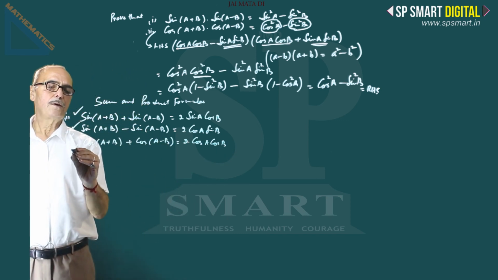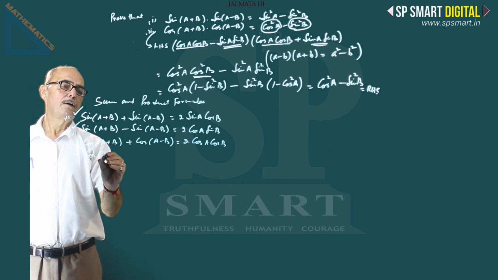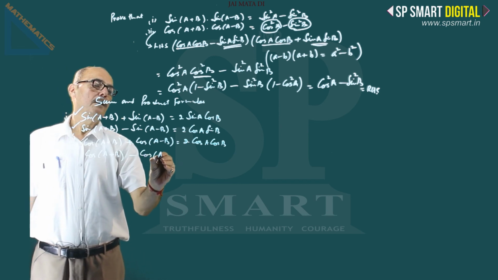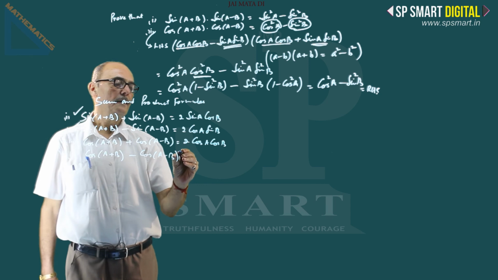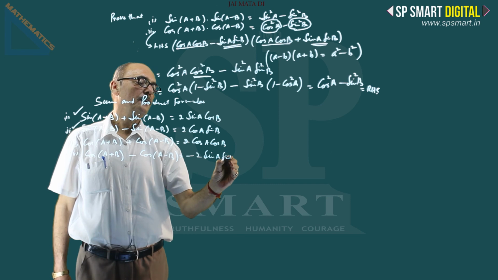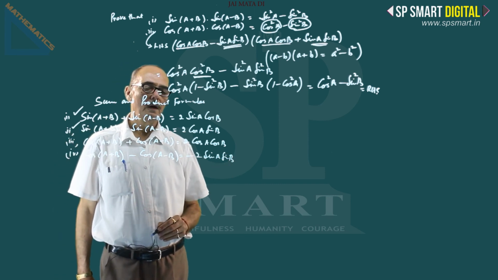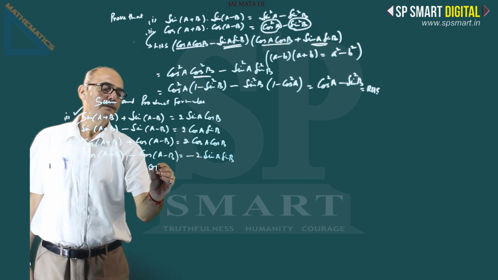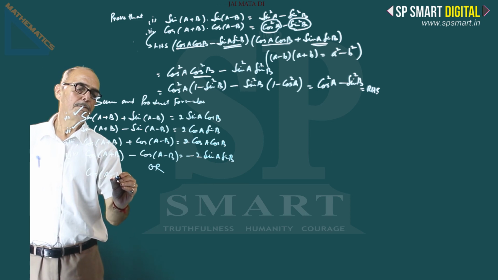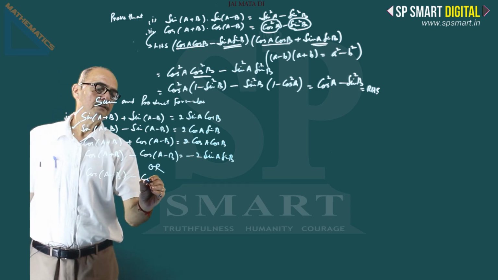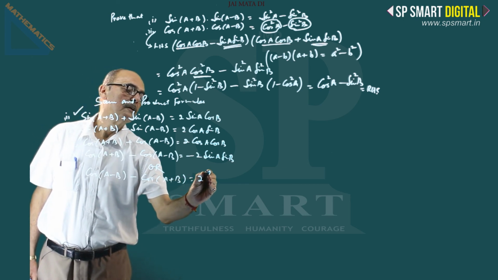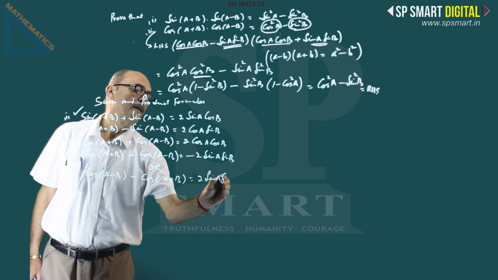If it is the fourth formula, it is cos(A plus B) minus cos(A minus B). Then it is minus 2 sin A sin B. Or otherwise, if you want to write it down, cos(A minus B) will come first and minus cos(A plus B). So, this is twice sin A and sin B.